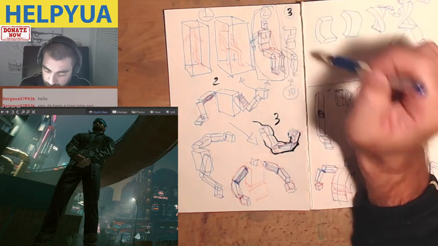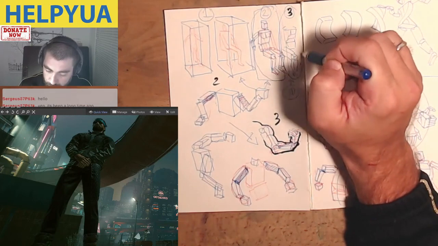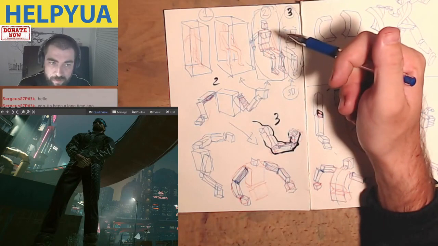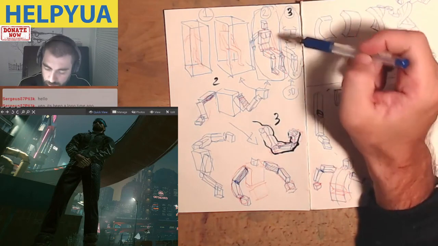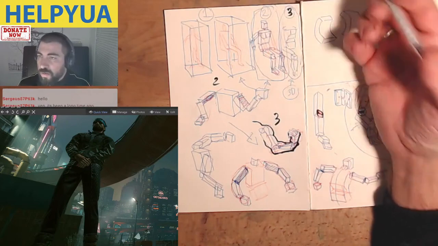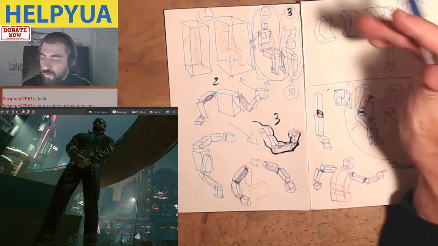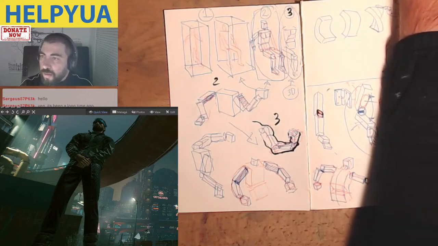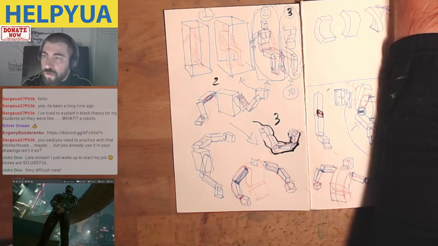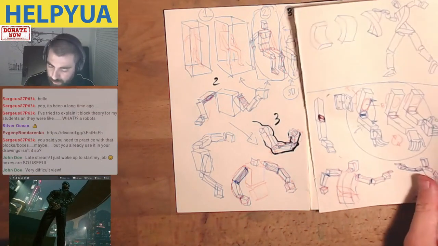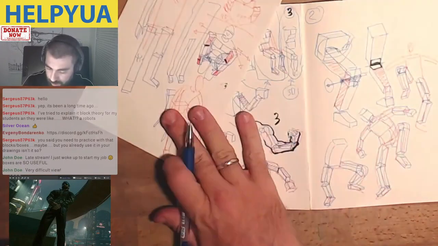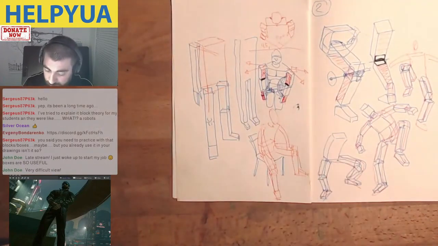And next time, when I talk about drawing people in perspective, it will be about making a more complex three-dimensional form of the body instead of just very simple boxes. It will be more detailed three-dimensional forms for the body.